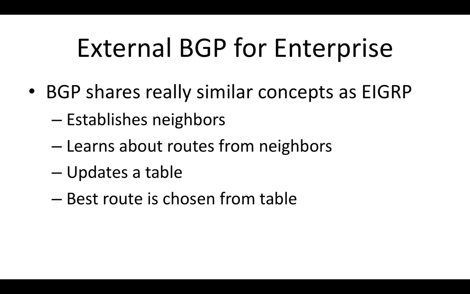We learn about routes from our neighbors, so when things go up, come down, new networks get stood up, we're going to learn about this from our neighbors. We have a routing table, just like in EIGRP, so we're going to keep track of all those routes. BGP does keep track of the different paths that it can take, so sort of the feasible successor routes or backup routes in that sense. And we're always, of course, going to go over the best route. That's just kind of a given with most of the routing protocols that we look at.